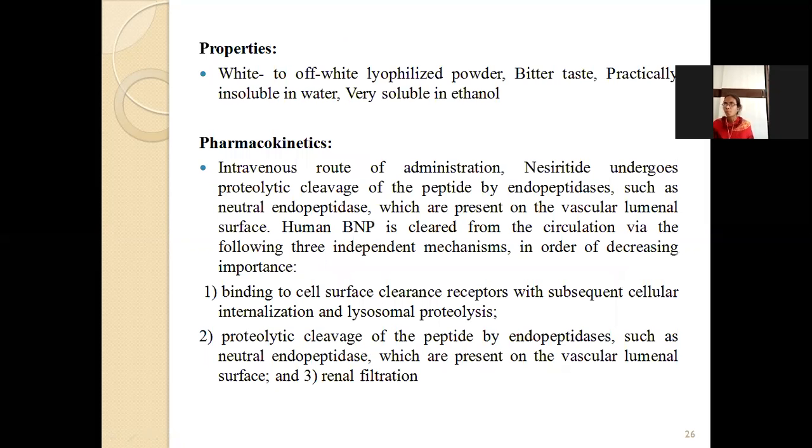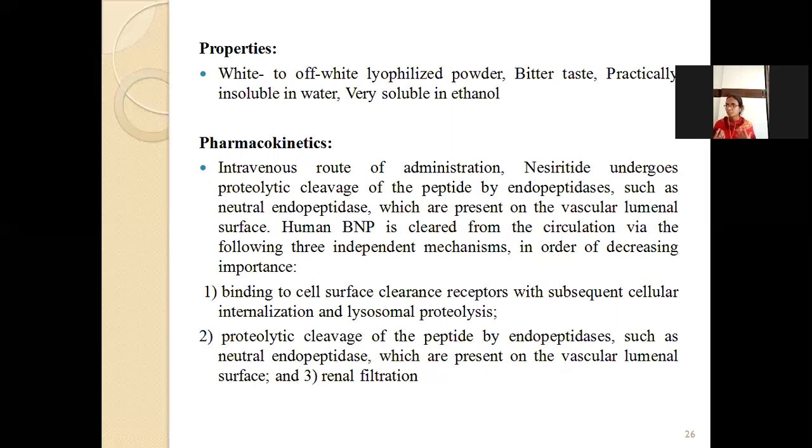Next, properties: it is a white to off-white lyophilized powder, bitter in taste, practically insoluble in water and soluble in ethanol. In pharmacokinetics, it is given by the intravenous route of administration and undergoes proteolytic cleavage of the peptide by endopeptidases such as neutral endopeptidases present on the vascular surface.